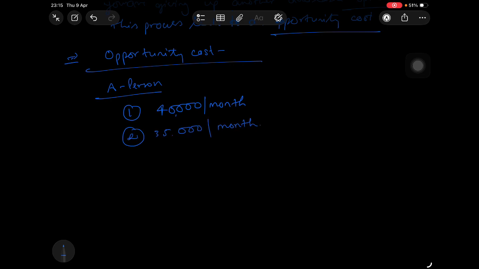Now person A has two opportunities. Opportunity one is that for 40,000 he can work in a banking sector or any other sector. Option B is that he can earn 35,000 rupees somewhere else.